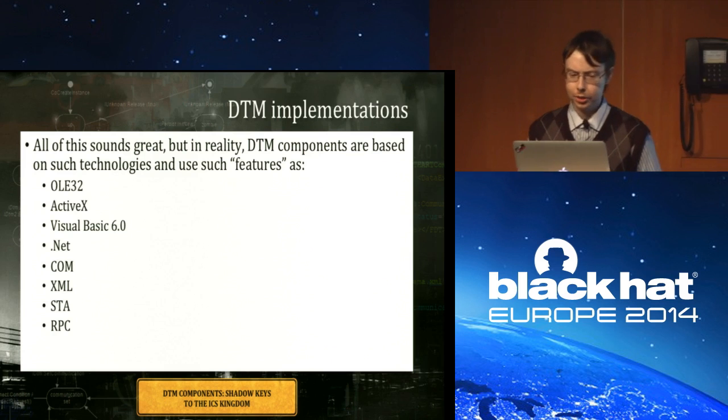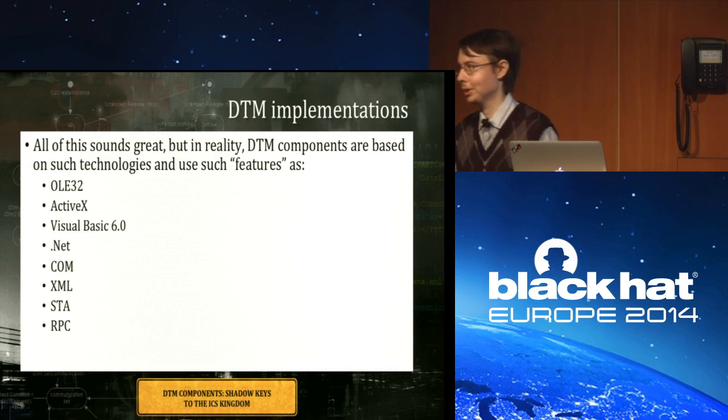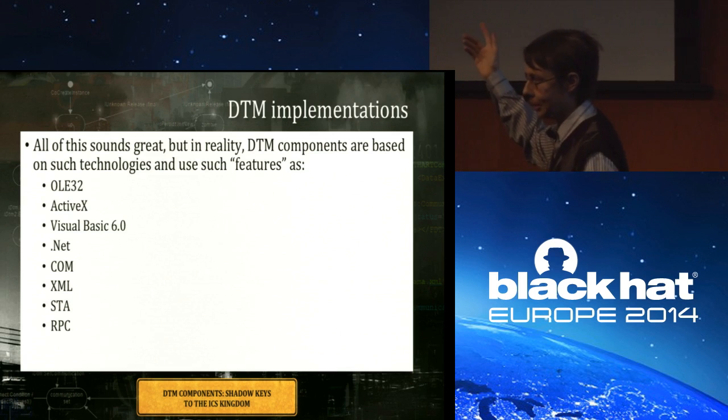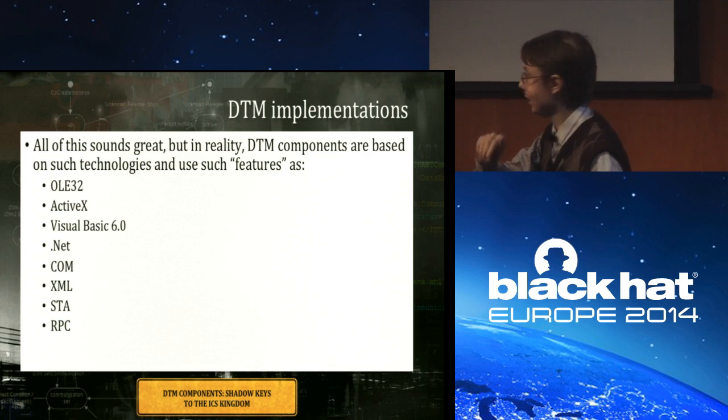We've talked about the great features of FDT DTM for 10 slides now, and it might be really good technology, but in reality DTM components are based on such technologies and use such features as shown. OLE32, ActiveX, Visual Basic 6, yes, back to '99. .NET, COM, back to '99 again.